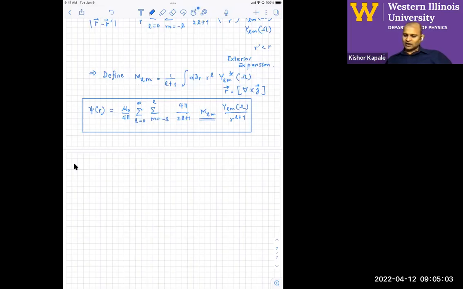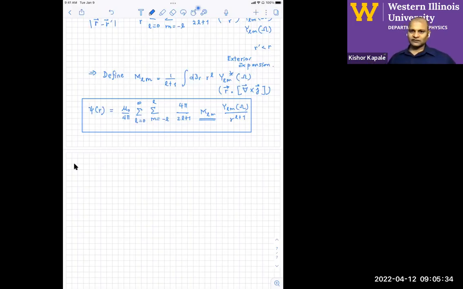MLMs are not just straightforward expansions in YLM. There is this complicated looking term that comes in here, which is r dotted with curl of J, right? In the electrostatic situation, you only need the charge distribution or the charge density, and here you need the curl of the current density dotted with r.